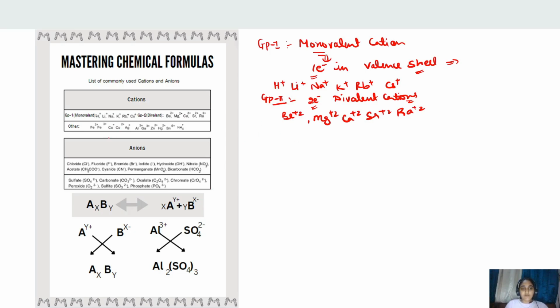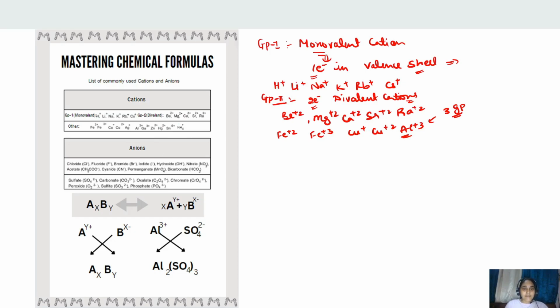The D block elements can show variable valency and different cations. Like iron, it can exist as +2 ferrous and +3 ferric. Similarly, copper +1, copper +2, and aluminium +3. This element belongs to third group, that's why its valency is 3, and some others are given here.